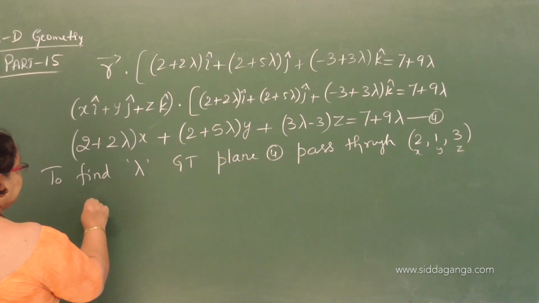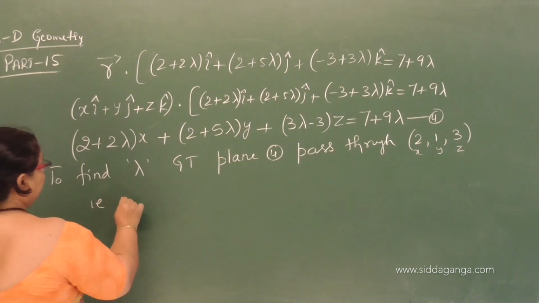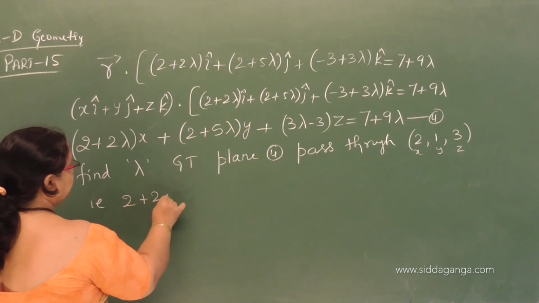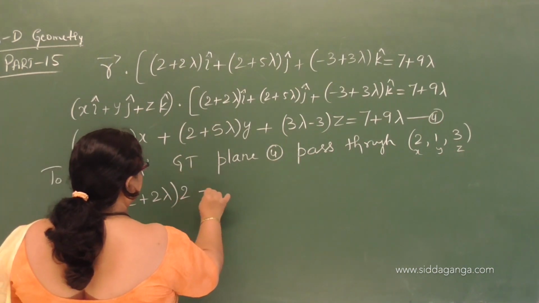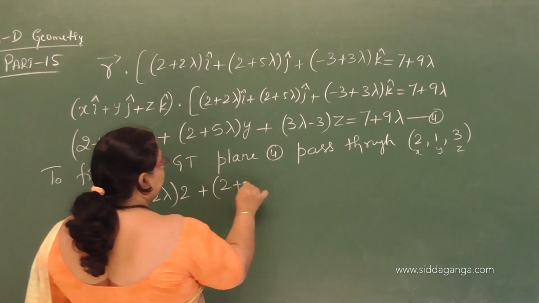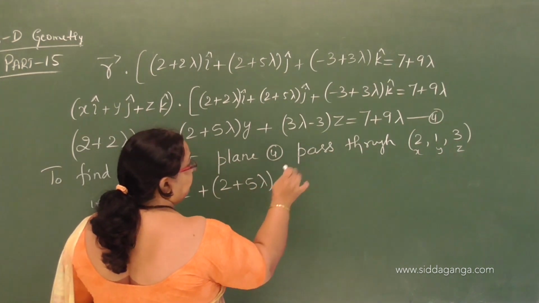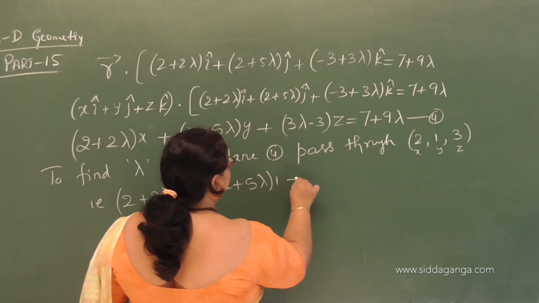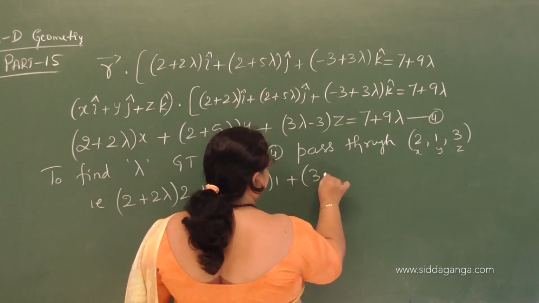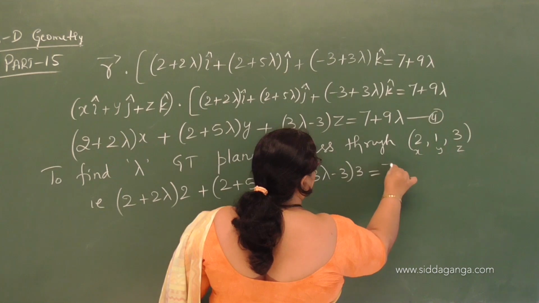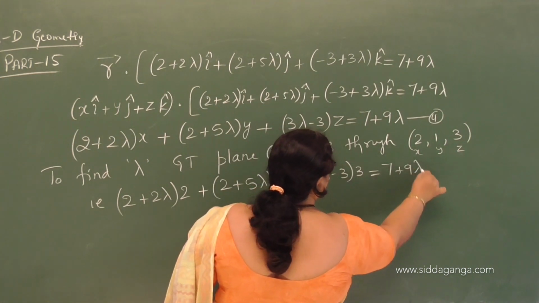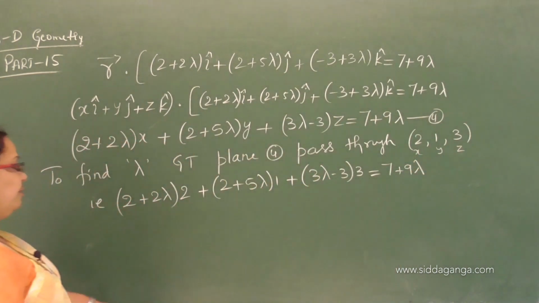That is (2 plus 2 lambda) into the value of x, which is 2, plus (2 plus 5 lambda) into y value 1, plus (3 lambda minus 3) into z value 3, equal to 7 plus 9 lambda.